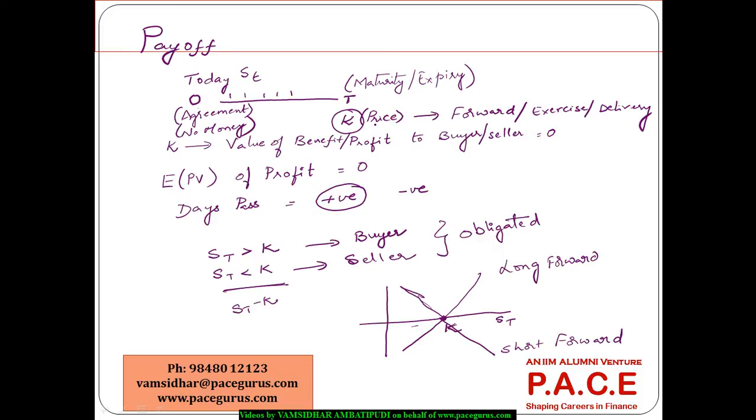Whenever we are talking about the payoff, we are simply looking at the profit or loss one is going to make from the particular contract. So this is the payoff diagram for a long position, and exactly the mirror reflection across the x-axis is the payoff for a short position.